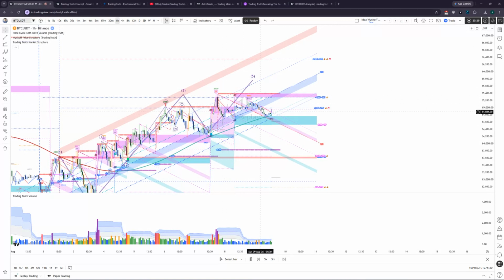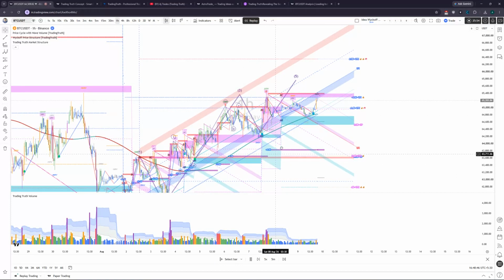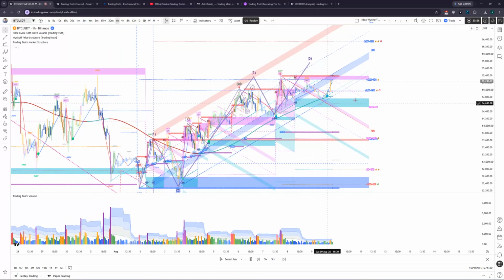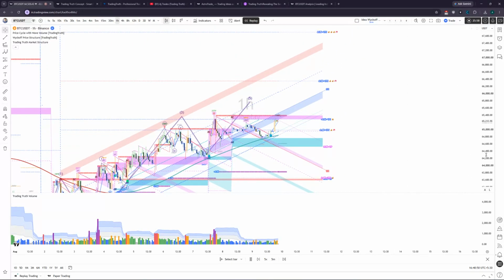So, we are in a distribution and it's making an LPSY. Yeah, long trade there. Let's see if we break below this support. I think that's the end of the trade.